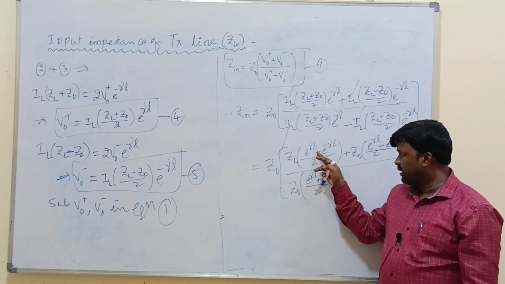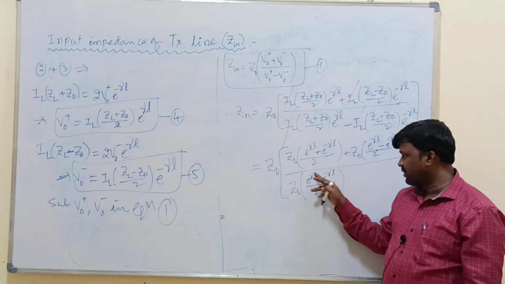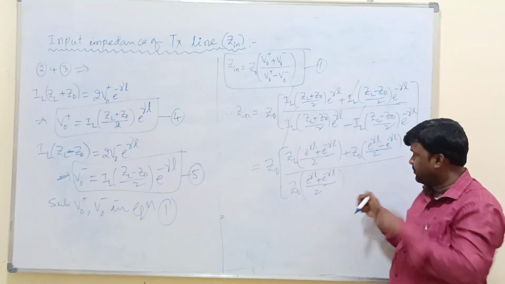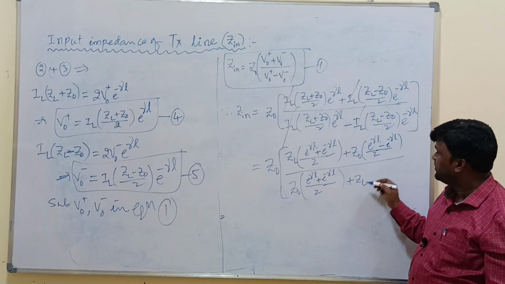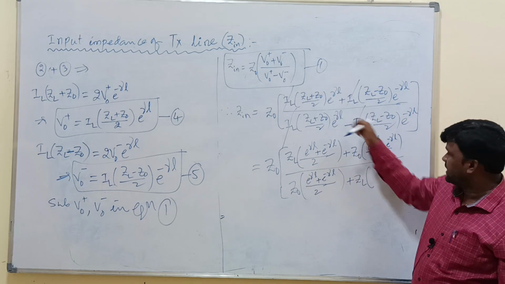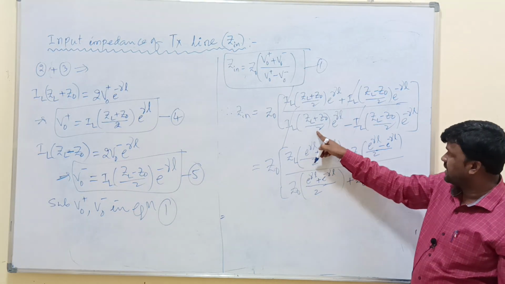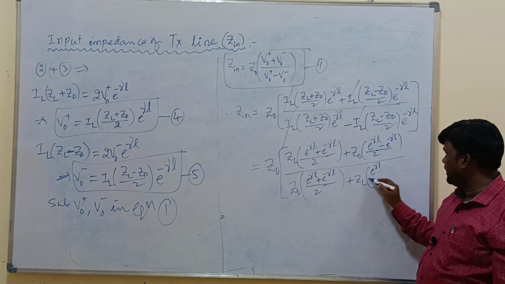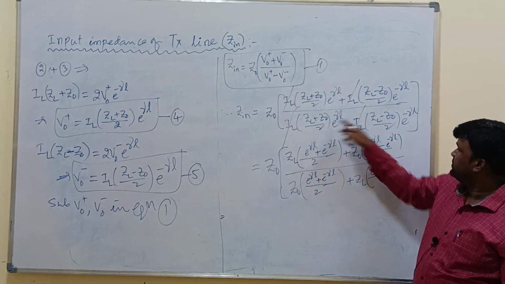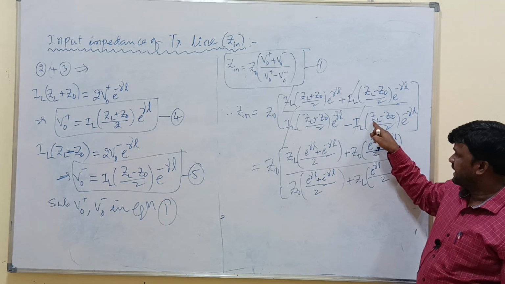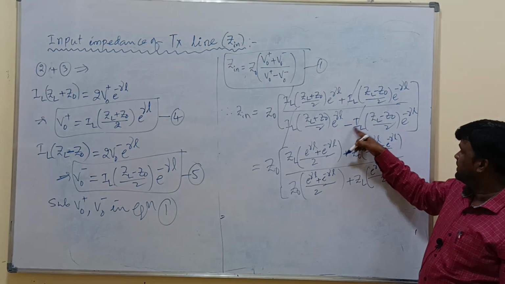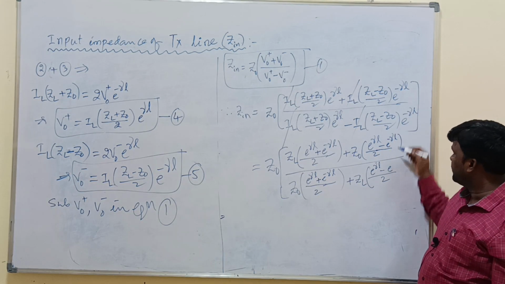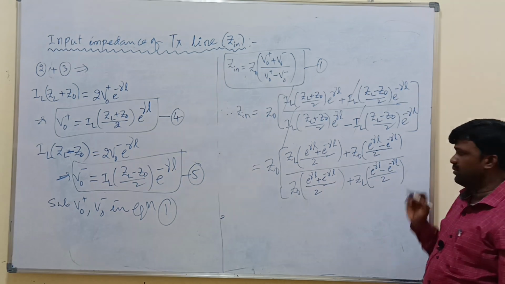Here you have e to the power gamma L plus, here also e to the power gamma L plus e to the power minus gamma L by 2. Similarly, remaining is what, ZL term, that is ZL. As you take ZL as common, here remaining term is what, e to the power gamma L by 2. ZL, here it is plus ZL, here we have minus sign, because of that here that is minus ZL. Remaining is what, e to the power minus gamma L by 2.